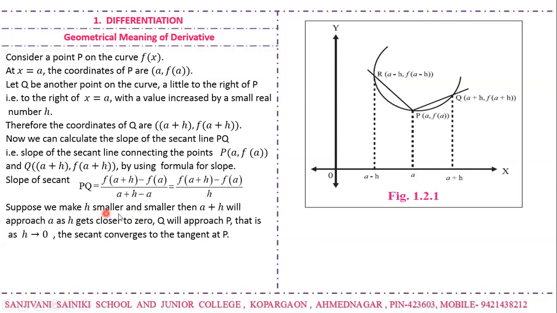Suppose we take h smaller and smaller, then a plus h will approach a as h gets closer to 0. So Q will approach P, that is, as h tends to 0, the secant converges to the tangent at P.